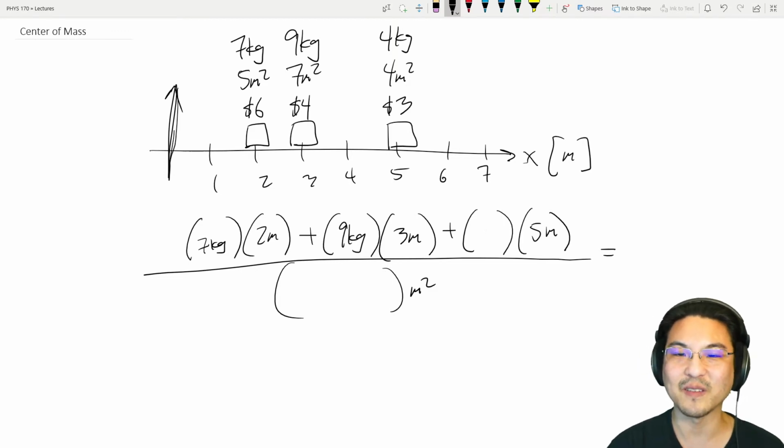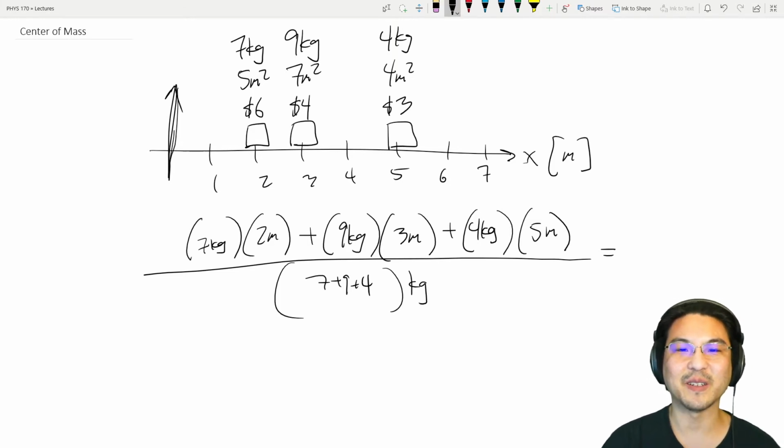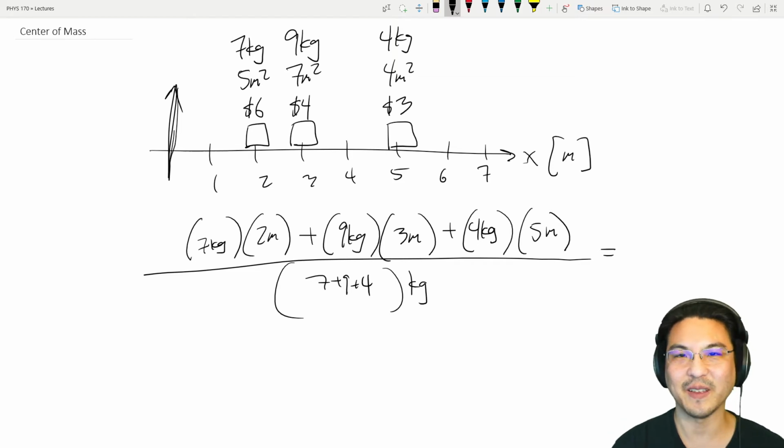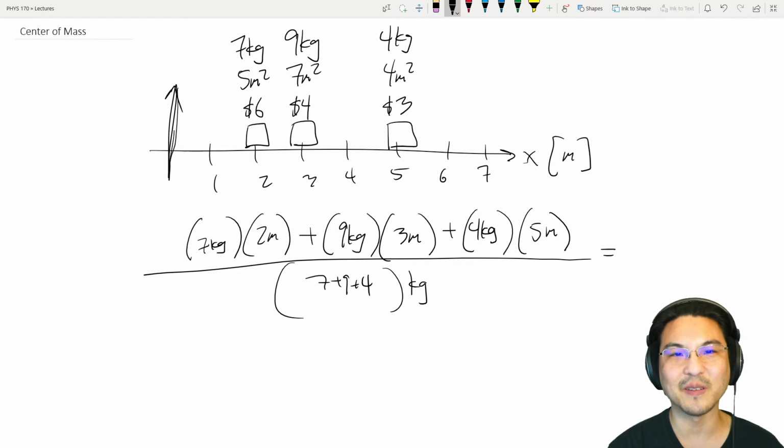The box at 5 meters is 4 kilograms. Divided by 7 plus 9 plus 4 kilograms. So the numerator would be kilogram meters, the denominator kilograms. The answer will be the mass weighted mean position in meters. So mass weighted mean position is center of mass.